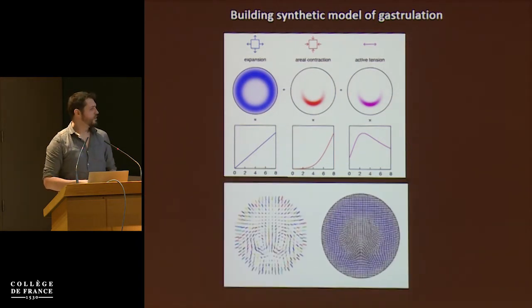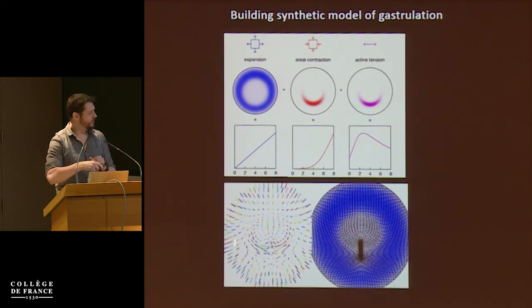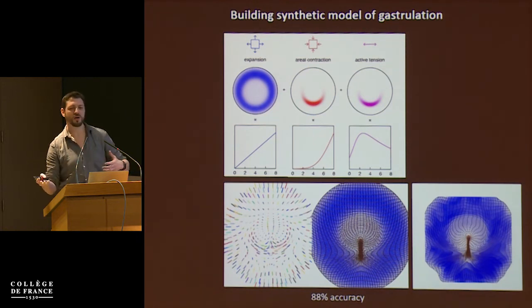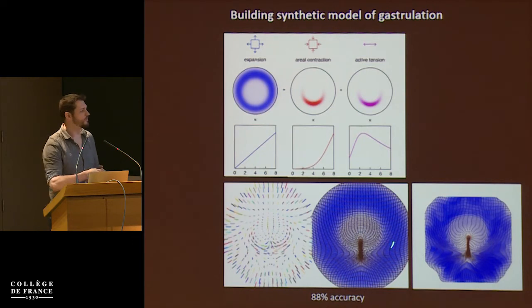And that's now a completely synthetic embryo. And you can see that this embryo is the perfect embryo that recapitulates the tissue motion. And because it was derived from actual data, this embryo is also quantitative, and we can estimate that this deformation and flows reproduce the real average embryo with 88% accuracy.